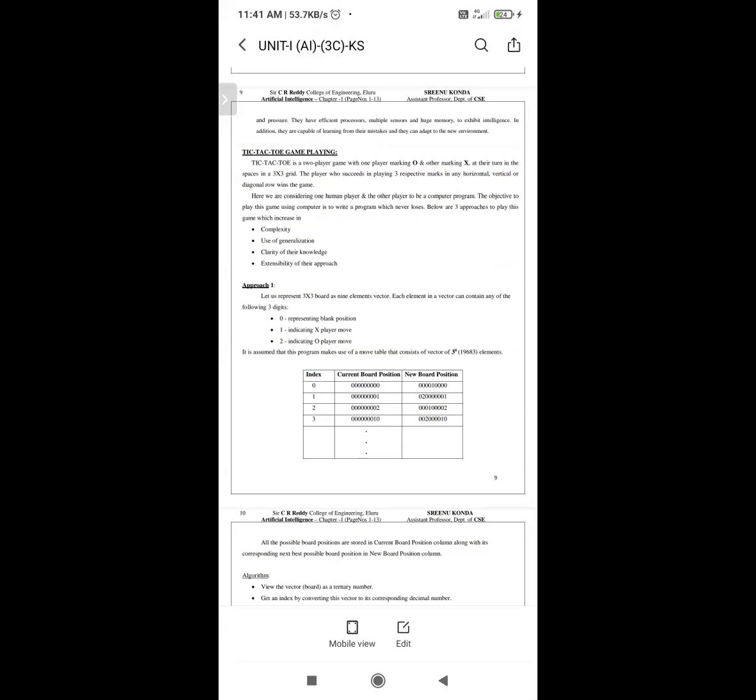Below are three approaches to play this game, which increase in complexity, use of generalization, clarity of knowledge, and accessibility of approach. These are the four things we need to keep in mind.